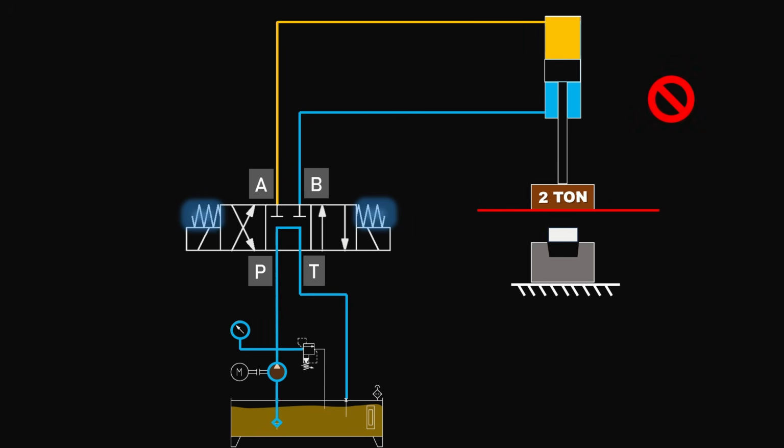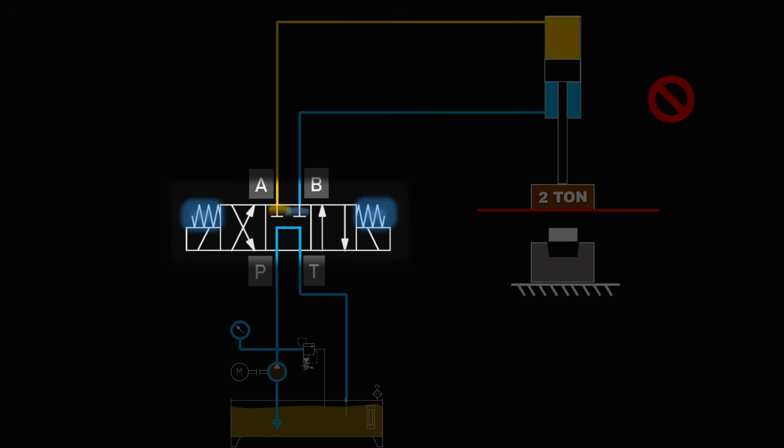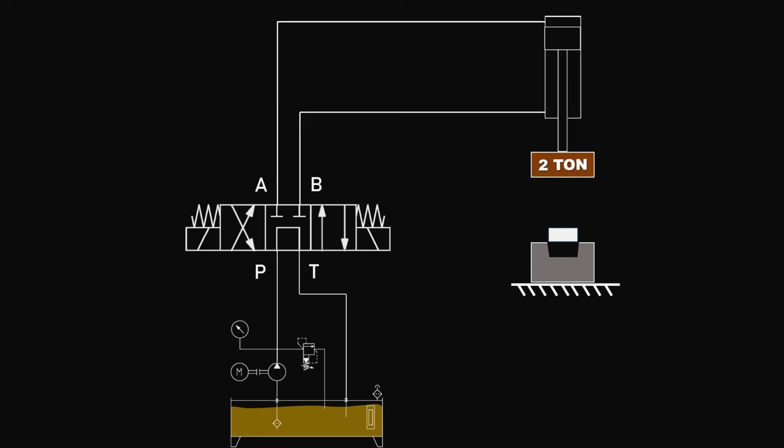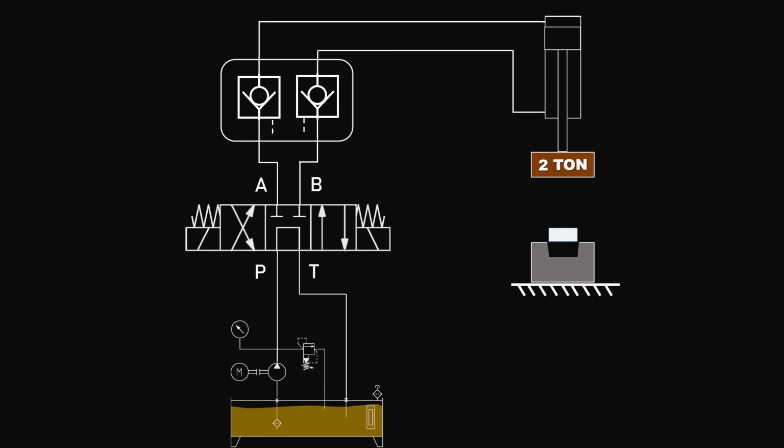But as we have learned, spool valves have internal leakage. So due to internal leakage in the spool valve, the cylinder cannot hold its position perfectly. Over time, the cylinder will creep and fall. To solve this problem, we add pilot-operated check valves on the cylinder ports.